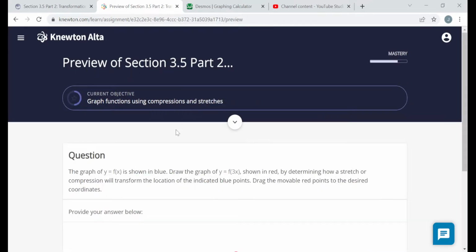So now compressions and stretches. All right, so once again, you see how x is replaced by 3x. Now remember, when x is replaced by bx, you multiply all the x coordinates by 1 over b. So replacing x with 3x is going to cause a horizontal compression by a factor of 1/3.